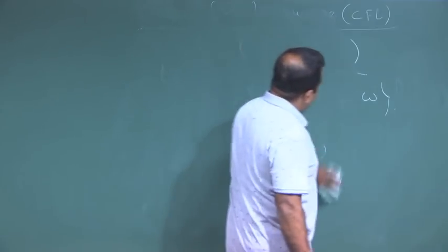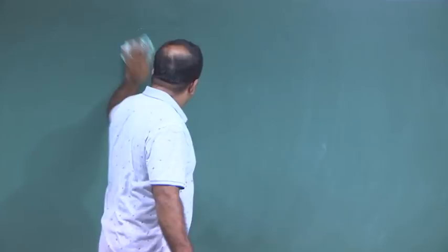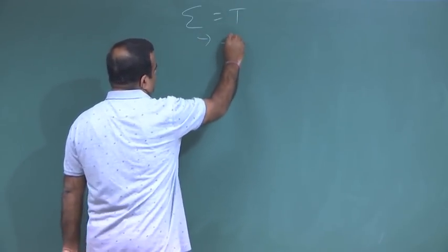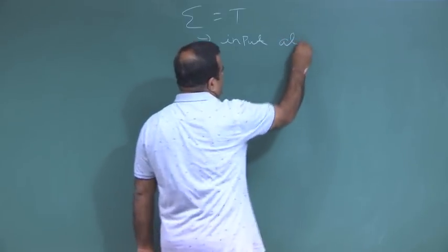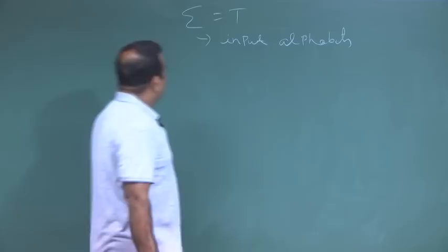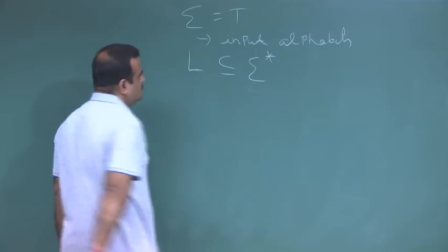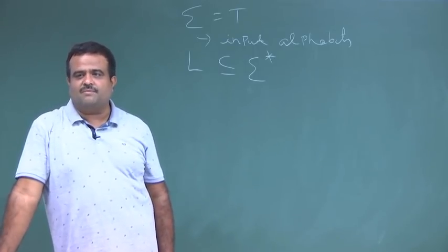Now, when do we say a language is a context free language? Suppose we are given a sigma, which is basically T, the finite set of input alphabet. We take a language L, some collection of strings coming from this.